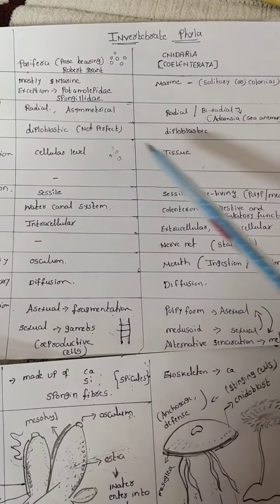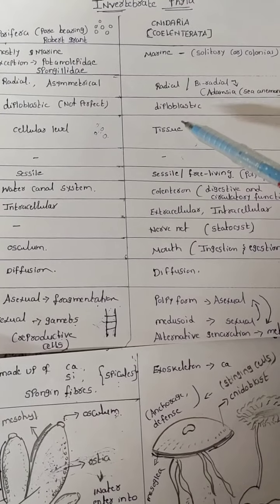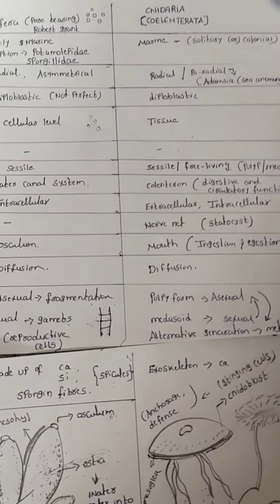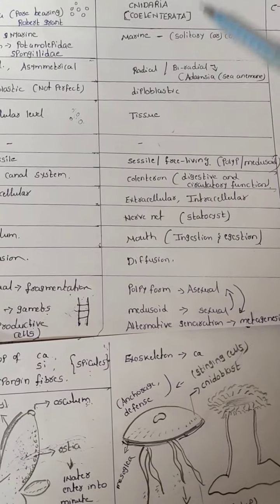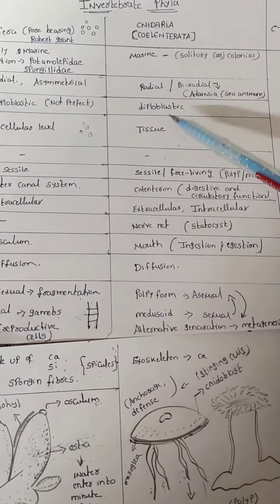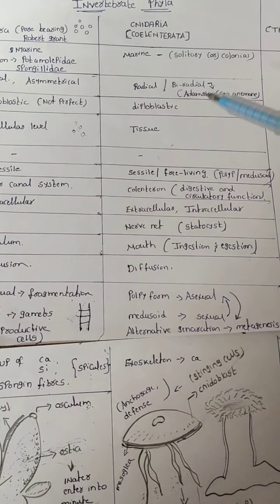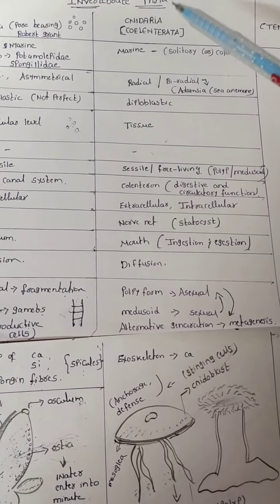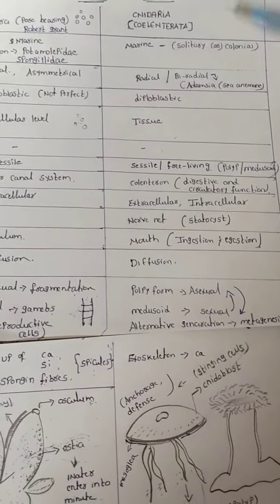Tissue means a group of cells having the same function. If they have the same function, coordination is compulsory. If they have coordination, a nervous system or nerve cells are present. That's why nerve cells are seen for the first time in which phylum? That is in the Cnidarians. The main example is the hydra.